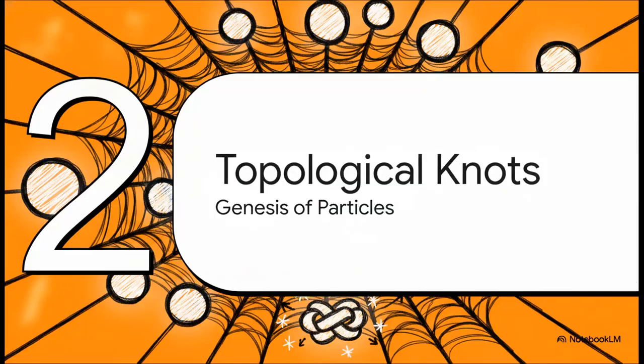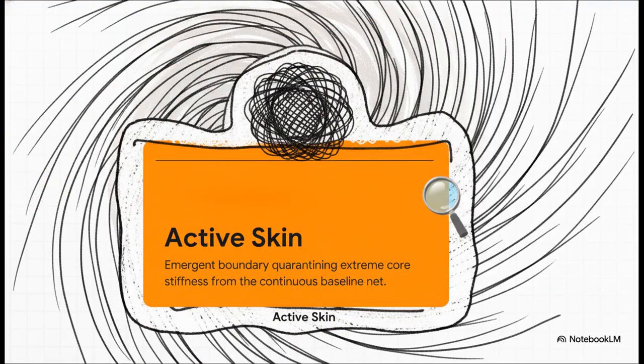Moving right along to Section 2, particles as topological knots. So how is a particle actually born inside this continuous net? It happens through a process called vortex self-induction. When localized stress in the DP field hits a critical threshold, the tension lines actually fold inward, creating a recursive knot. It's kind of like twisting a rubber band until it violently bunches up on itself.